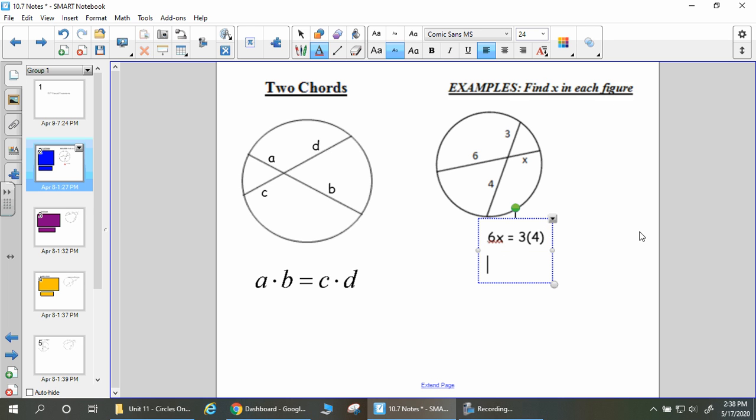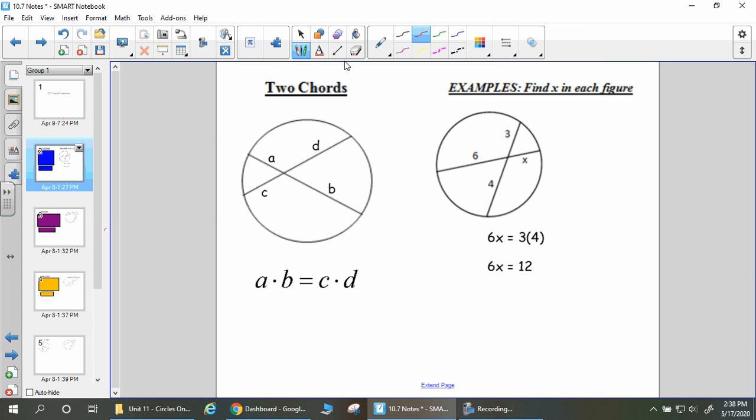You could do that multiplication before you write it down, so you could have just started with 6x equals 12. Either way, it's simple division, and that tells me that x is 2. So this segment in my picture would have a length of 2. Okay, so two chords crossing inside a circle, multiply the two pieces of the same chord together. That's how you're going to set up your equation.